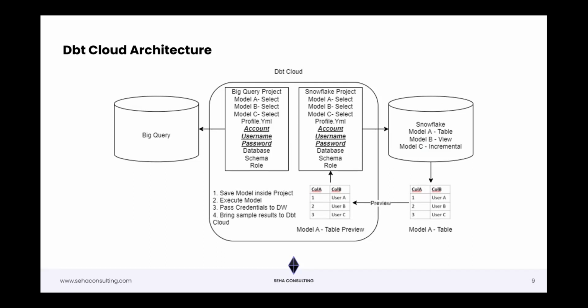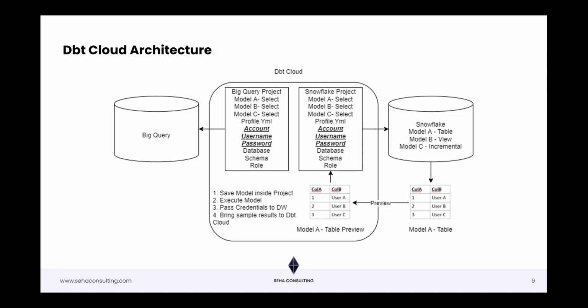Within it, you're going to have different projects, and within each project you're going to have different adapters to connect to your different data sources. All you're really storing within a project in Dbt Cloud is your models, your profile YAML files, and your configuration YAML files. Pretty much that's all that gets stored there.